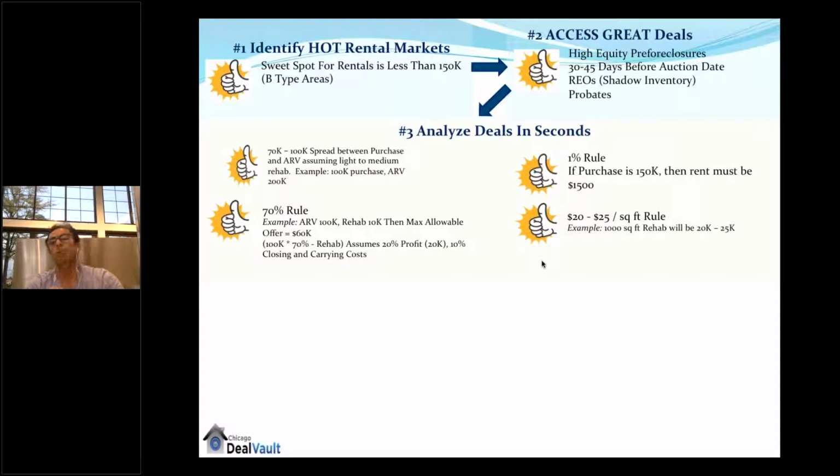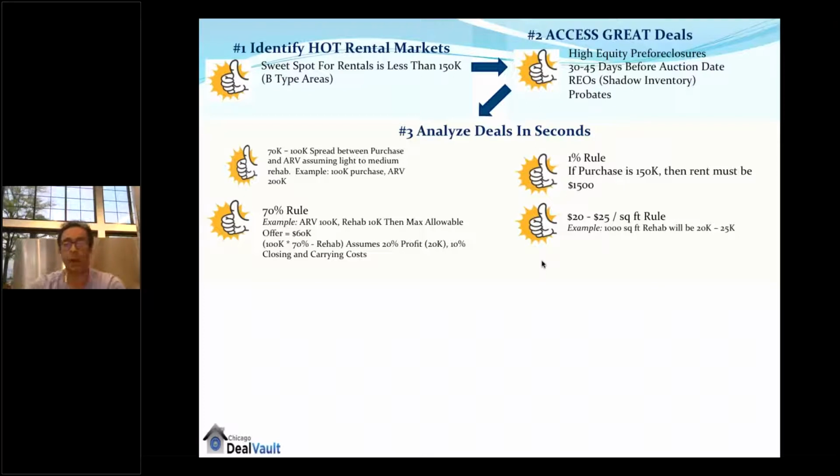Okay, so let's rewind. 1,500 square footage property, I'm buying for 100,000. With my rule of thumb, I'm going to spend 40,000. If I know it needs updating in the kitchen, the bathroom, then I need 40,000 to account for.